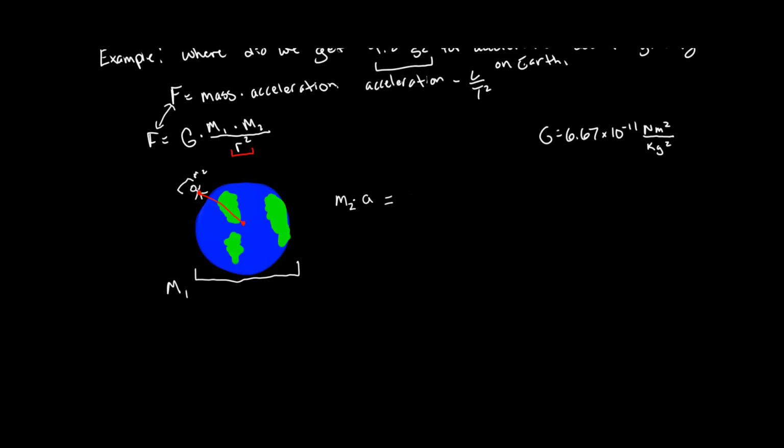And we're going to set this equal to G times M1 times M2 over R squared.